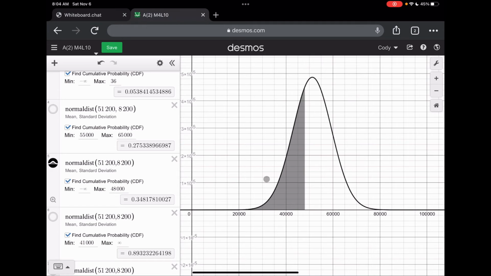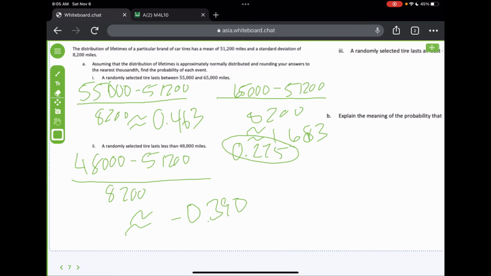If I plot that, that's what it looks like, pretty close to what I freehanded earlier. And that's going to be 0.348. So that's the chances. 0.348. That's the probability that you're going to find a tire that lasts less than 48,000 miles.